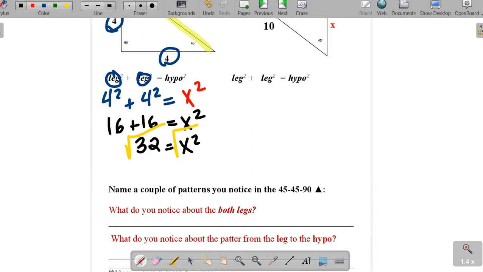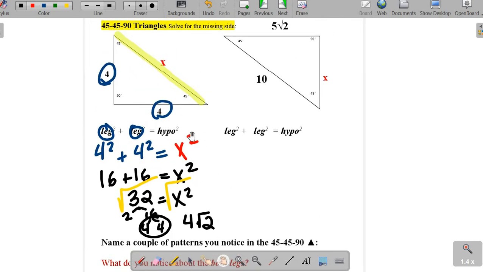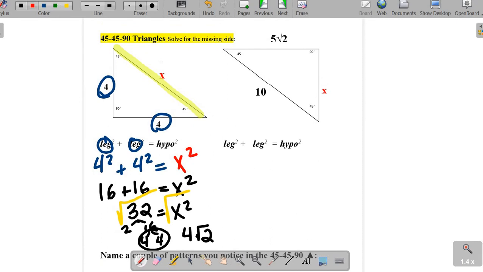Factor this down. Four comes out, 2 stays in. So we have a 4, and this is 4 root 2.